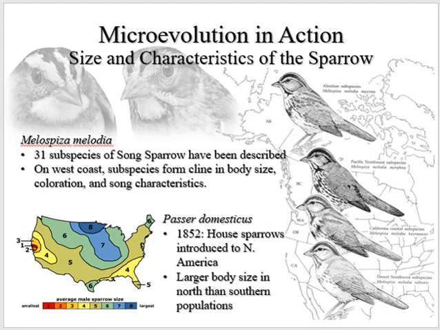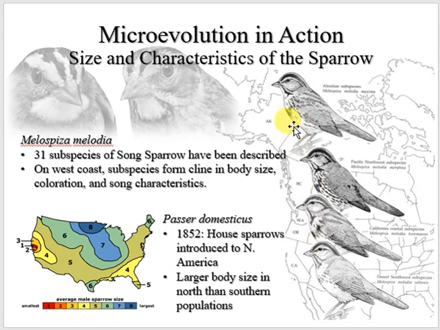I guess all the talk of birds is making me real hungry. So the song sparrow is another sparrow species that's found throughout North America. There's actually 31 subspecies of song sparrow that have been described. Now, along the Pacific West coast of North America, the subspecies of song sparrow form this cline.